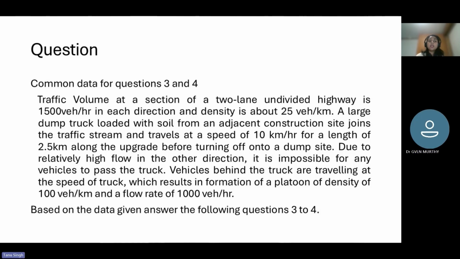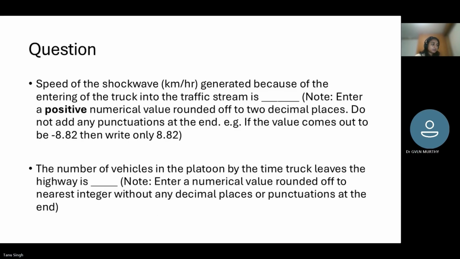In the first, the traffic state had 1500 vehicles per hour at a density of 25, but then it changed to 1000 vehicles per hour at a density of 100. These two traffic states are given and we need to find the speed. We just have to put the values in the shockwave speed formula. And then we need to find the number of vehicles present in the platoon.